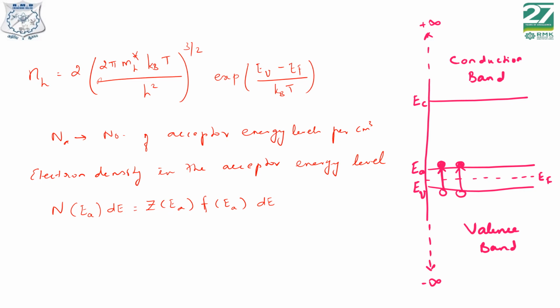So in general this will become N_E is equal to NA F(EA). So F(EA) is given by 1 divided by 1 plus exponential of (EA minus EF) divided by kBT.